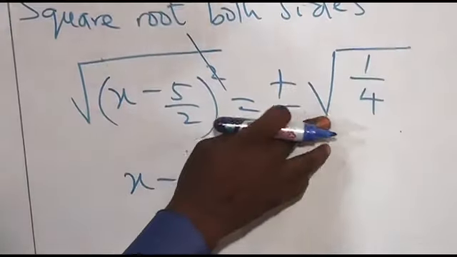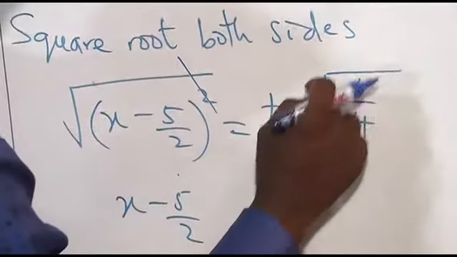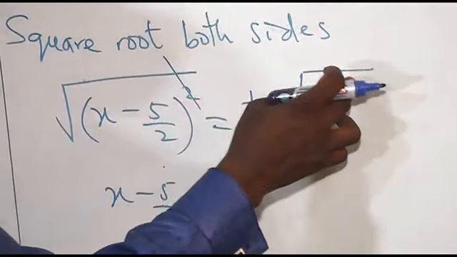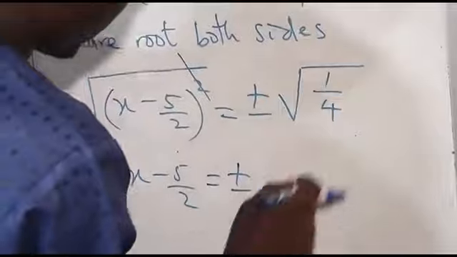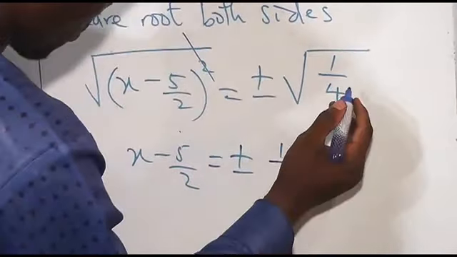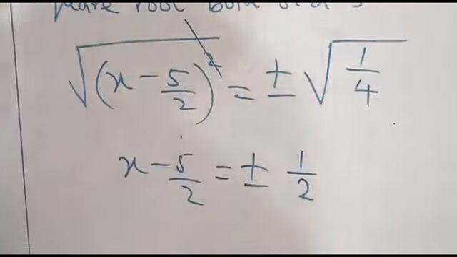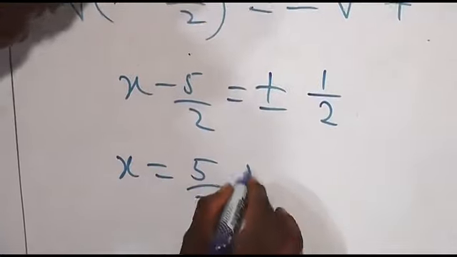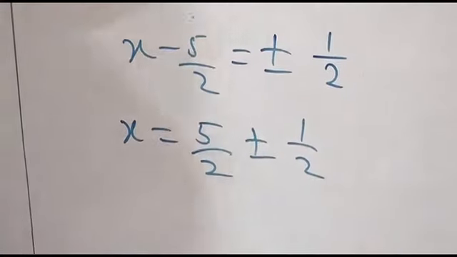Remember, I said that when you have the square root of a fraction, it is the same thing as finding the square root of the numerator over the square root of the denominator. Then the square root of 1 is 1, and the square root of 4 is 2. Then make x the subject of the formula, that is 5 over 2 plus or minus 1 over 2.